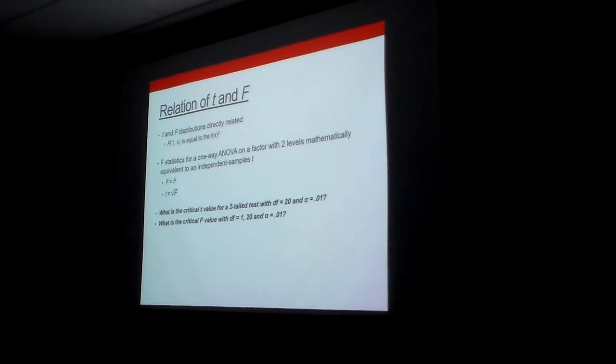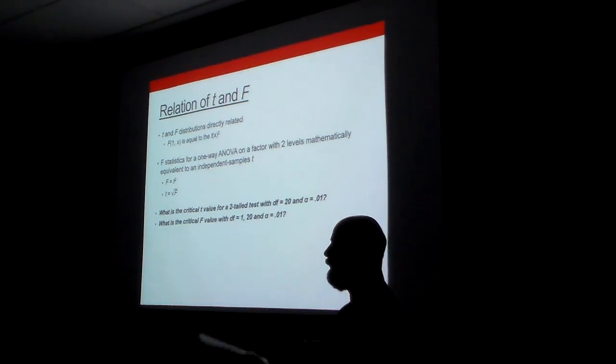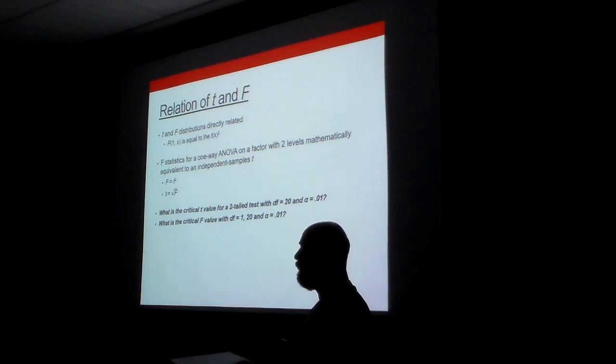8.09? So if I look at my F test, F with 1 degree of freedom and 20 at alpha 0.01, I get 8.10, right? So basically we're just going back and forth.